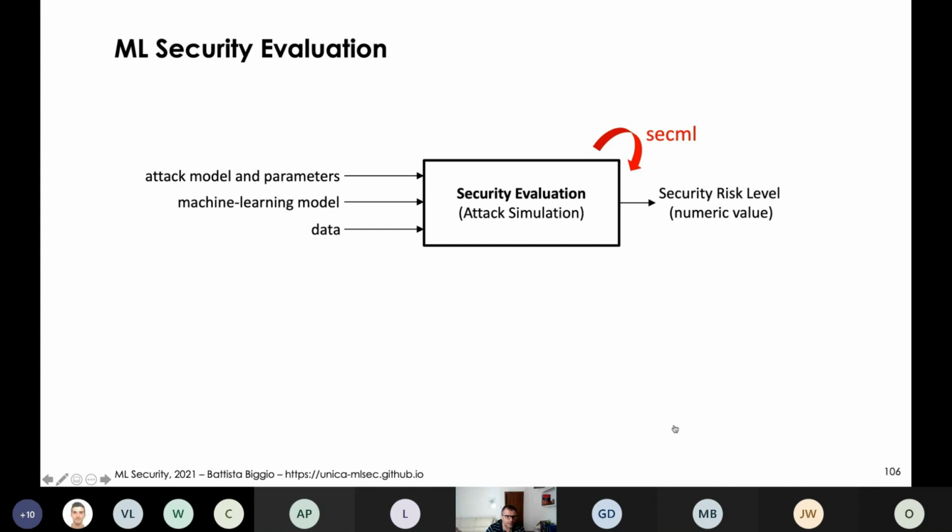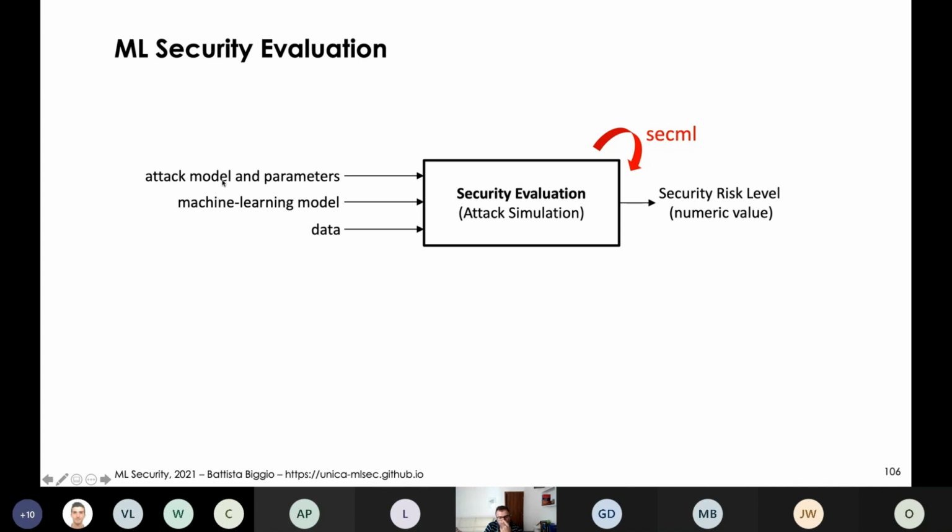And the underlying idea here is the following. This is something, let's say, from a more practical industrial perspective. So let's say you have a machine learning model, or a company is asking you to evaluate the security or the robustness of this model. You can take this model as input, as well as the data you want to test the model on.